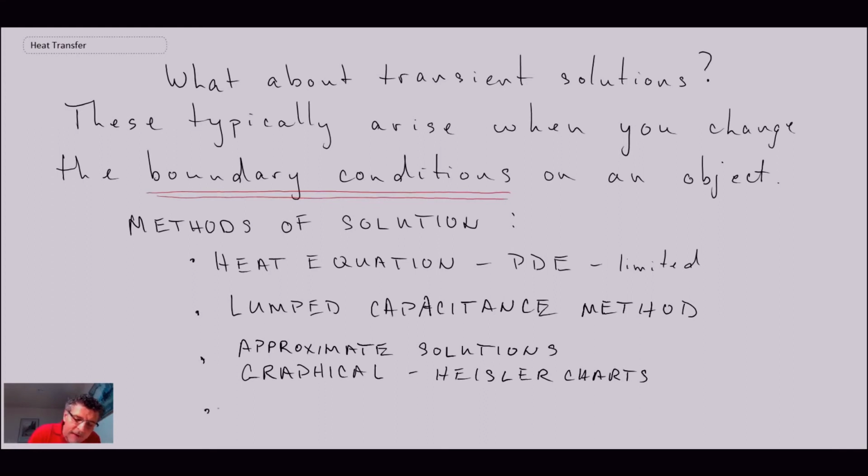And then finally, although we won't be covering it, another way that you could do this analysis is using numerical methods or solutions. And I won't cover transient numerical solutions just because it gets a little bit more complex.